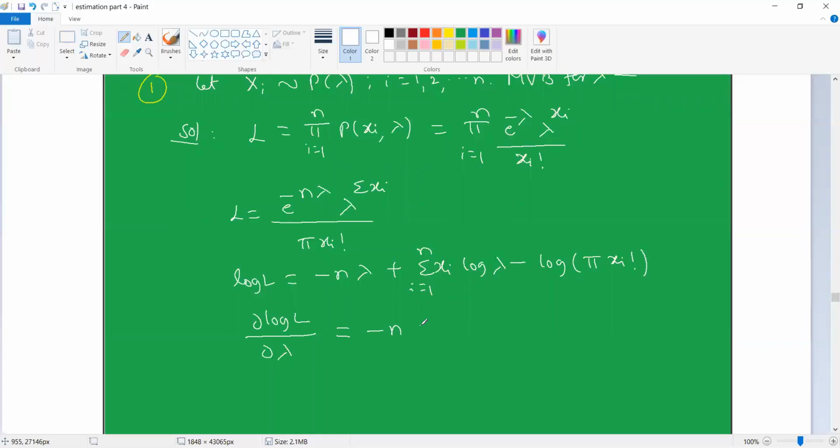So we get minus n plus summation xi, i = 1 to n, times 1 by lambda.